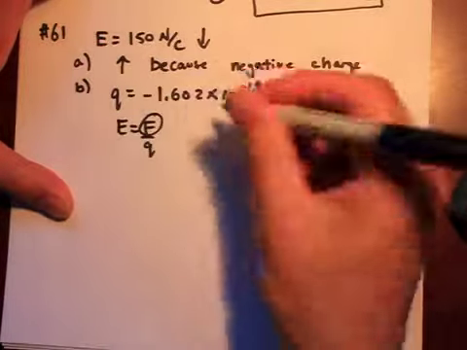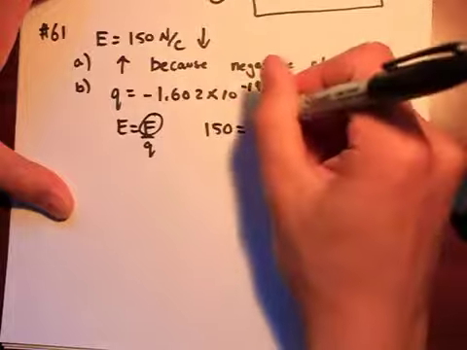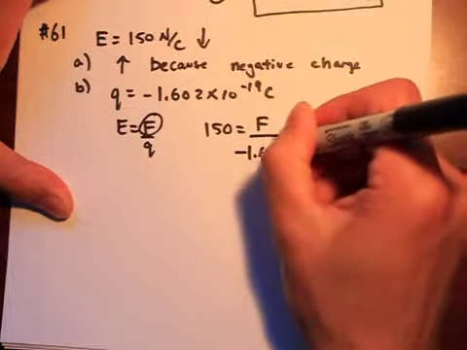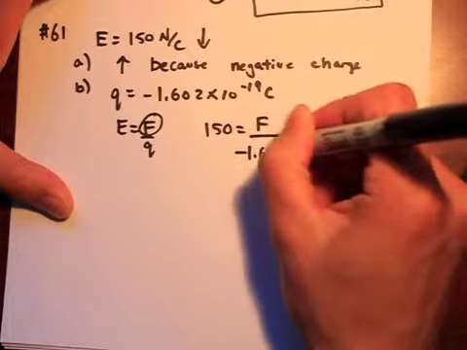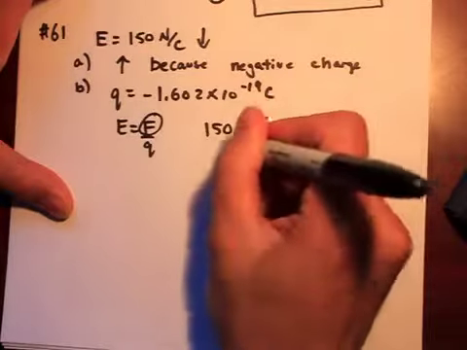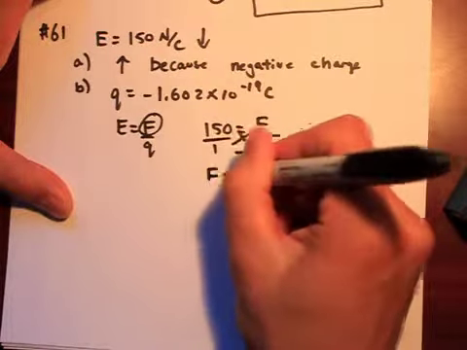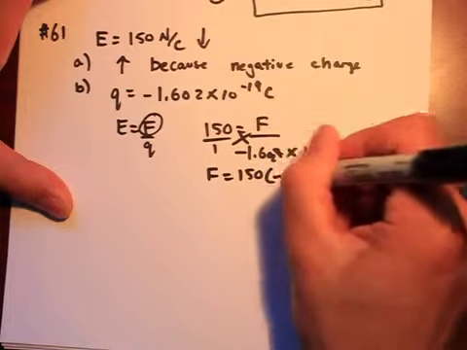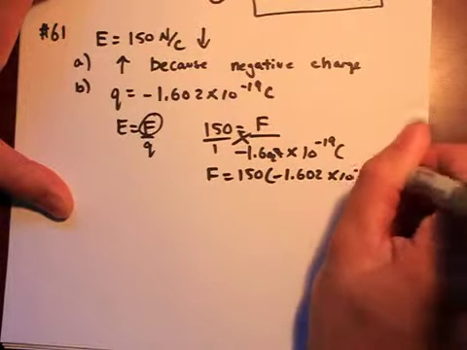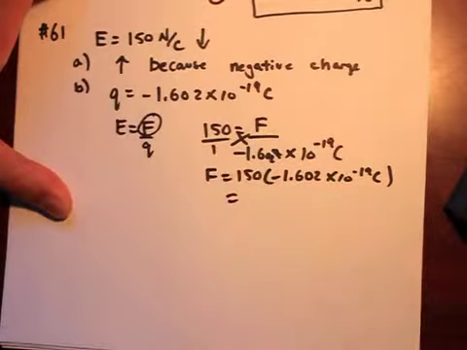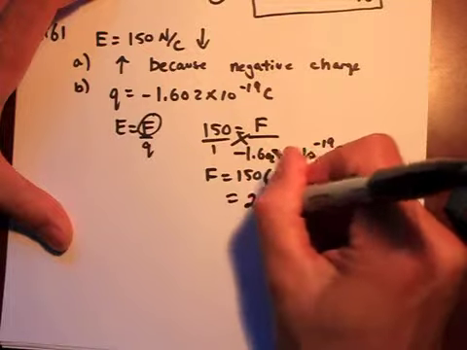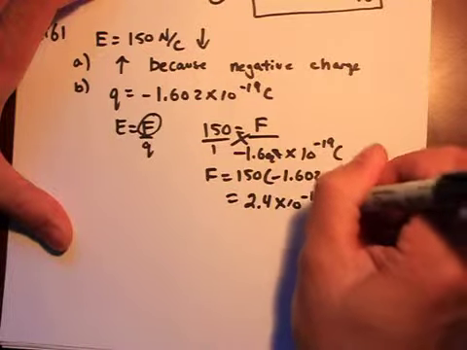You have the electric field, so 150 is equal to the force, which is what we're trying to find, over your charge, negative 1.602 times 10 to the negative 19. Cross multiply, the force is going to be 150 times negative 1.602 times 10 to the negative 19. That's a lot of numbers. And finally you'll get the number 2.4 times 10 to the negative 17 newtons.